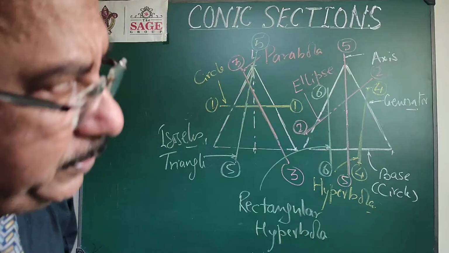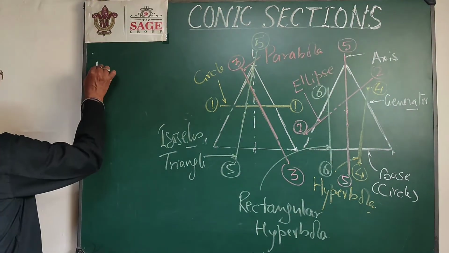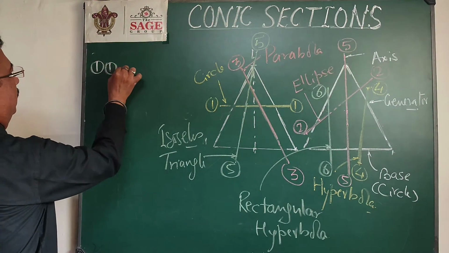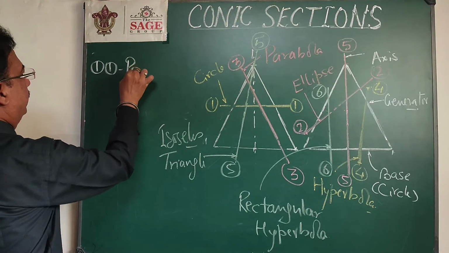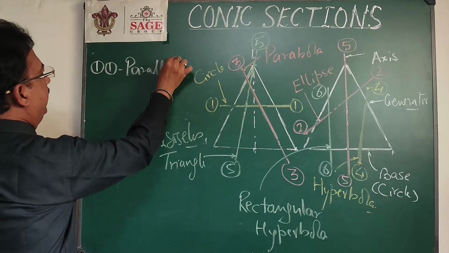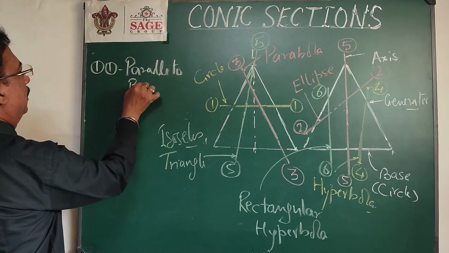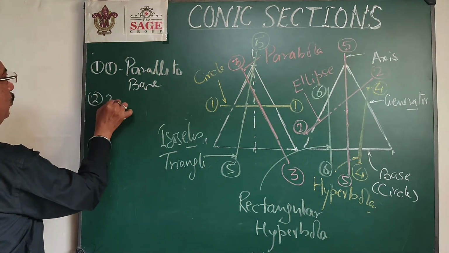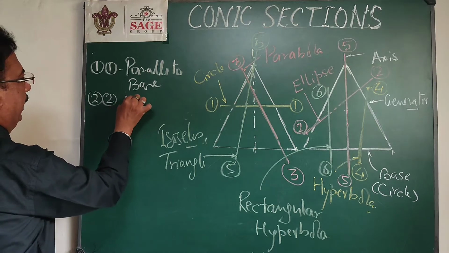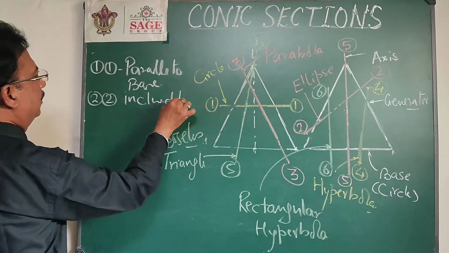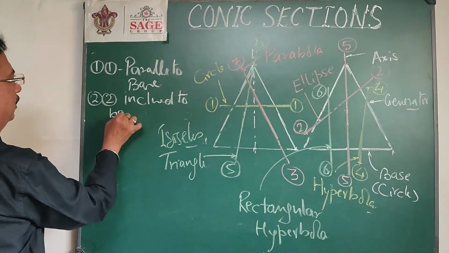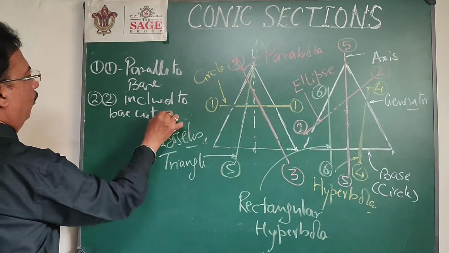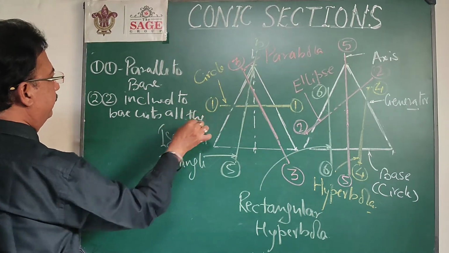Again, if we summarize: section 1, when the section plane is parallel to the base, we get the circle. Section 2, inclined to the base, cuts all the generators, and we get the ellipse.